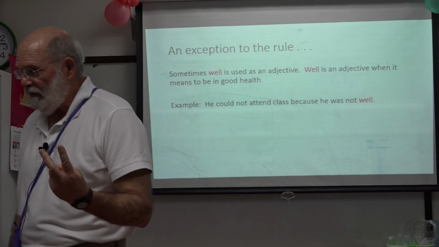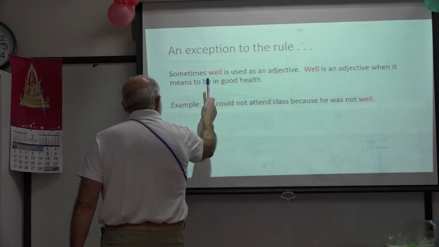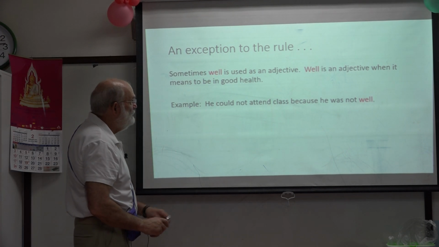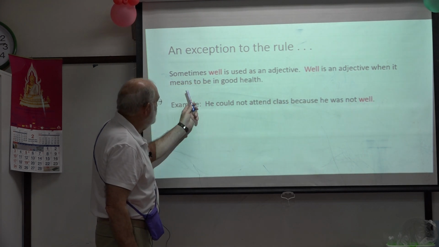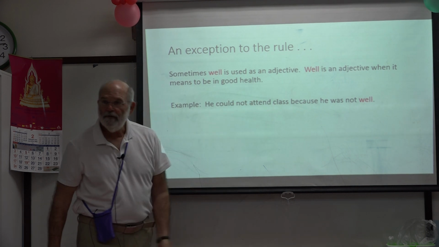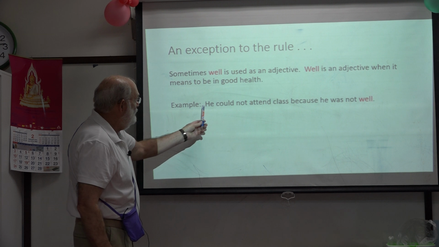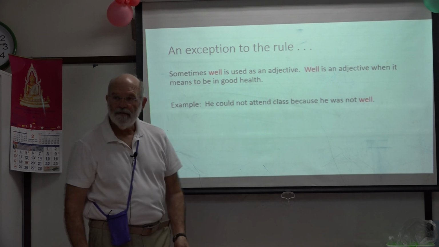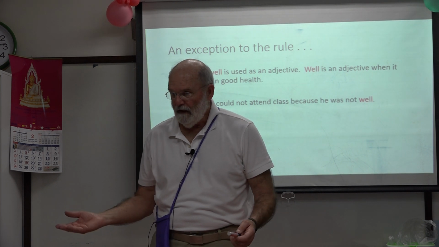We use well when we're modifying a verb, but sometimes we use well as an adjective. We use well as an adjective when we're referring to someone's health. So, he could not attend class because he was not well. See, well is referring to health.